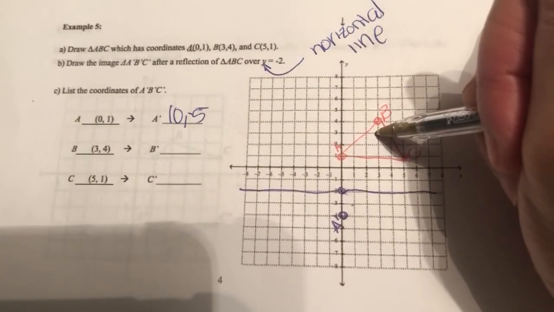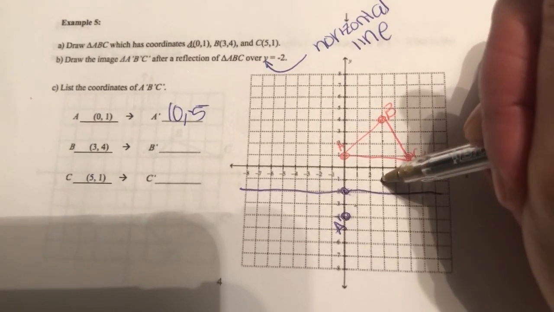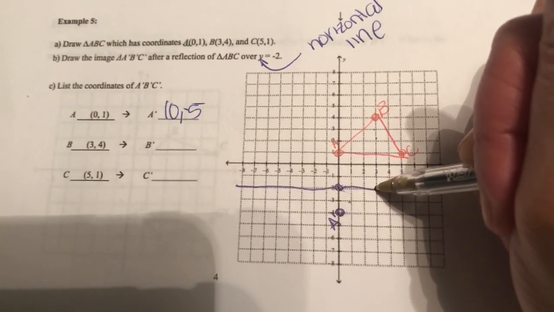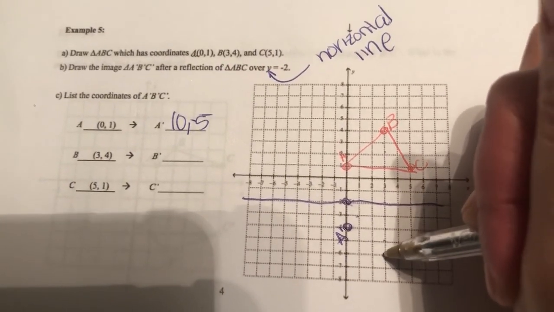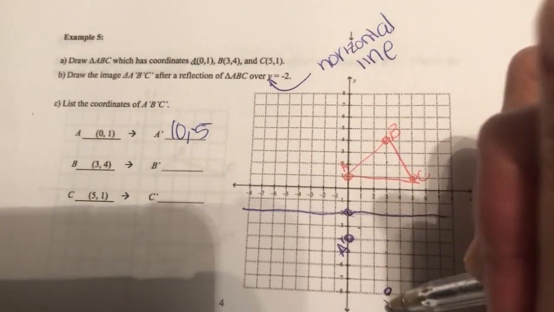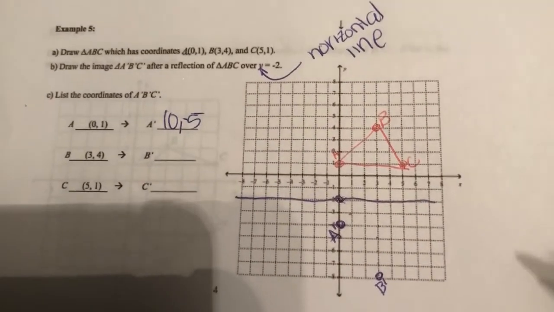For B, I'm 1, 2, 3, 4, 5, 6. I'm 6 spaces away. And now I'm going to go 1, 2, 3, 4, 5, 6. My B prime is 6 spaces away, and it's 3, -8.